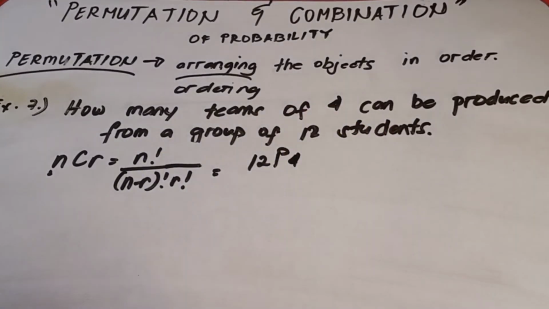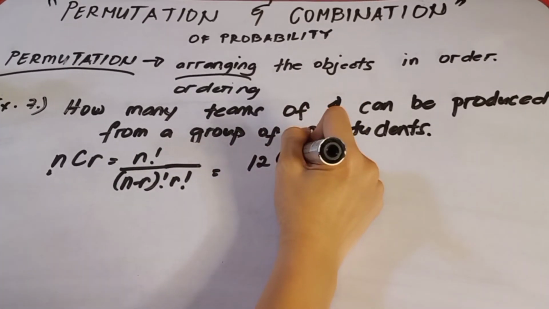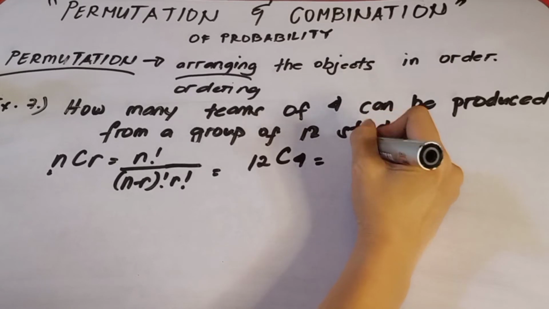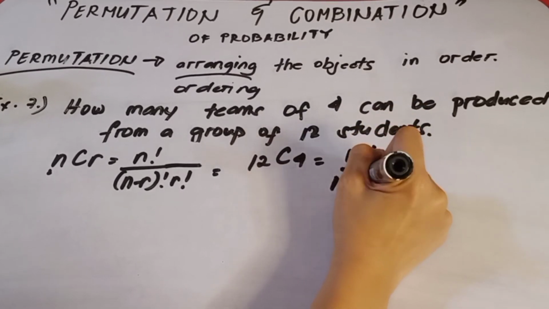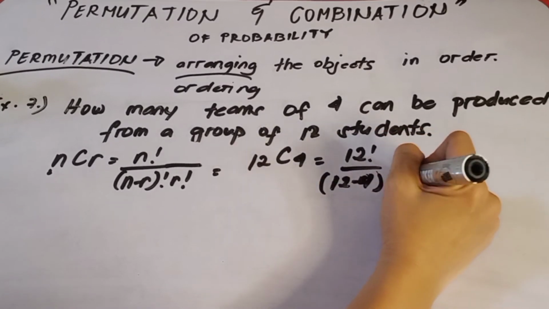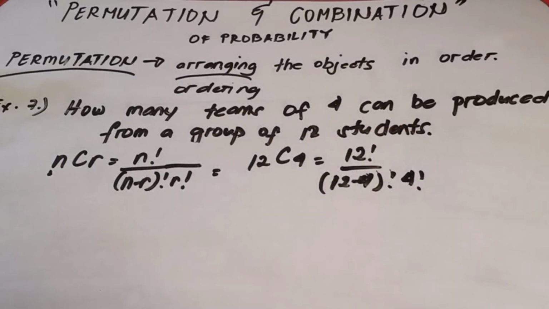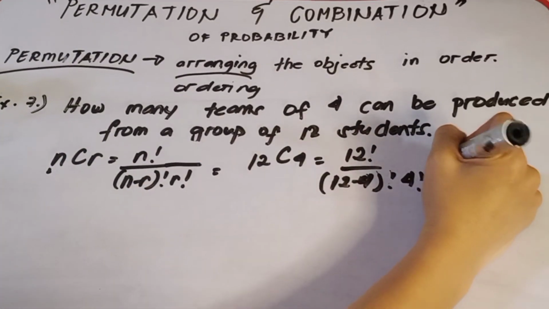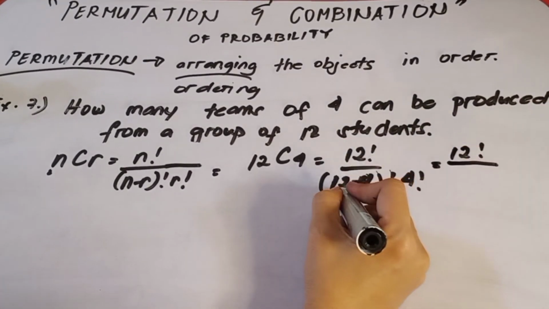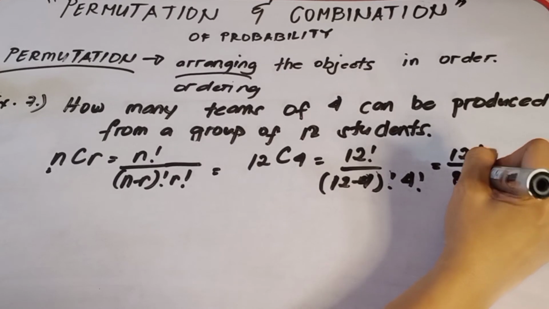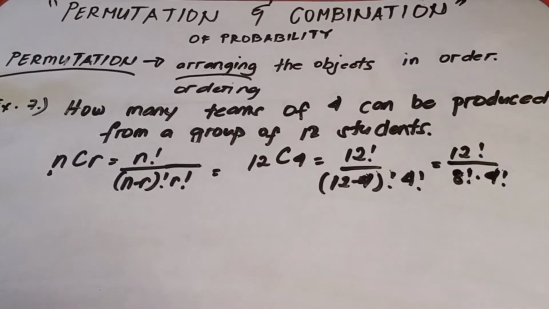So, that is equal to 12 factorial over 12 minus 4 factorial times 4 factorial. Okay, so to simplify, let's just simplify it first. So that is 12 factorial over 12 minus 4, that is 8 factorial times 4 factorial.